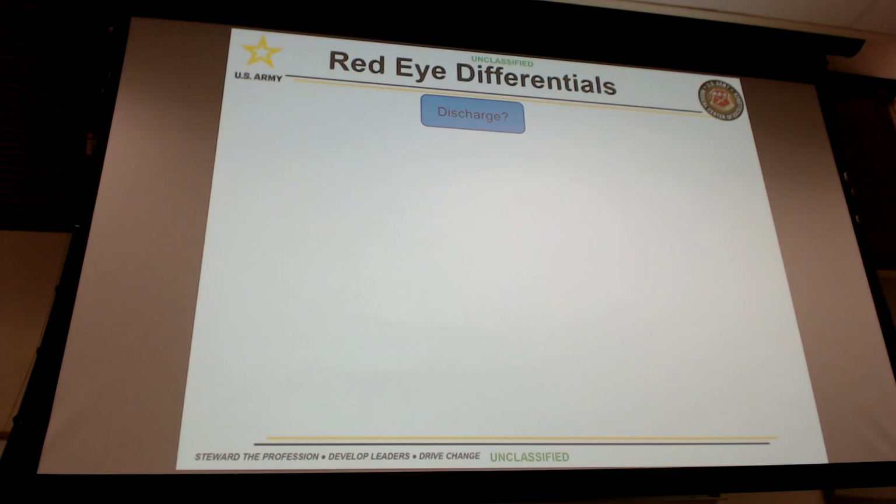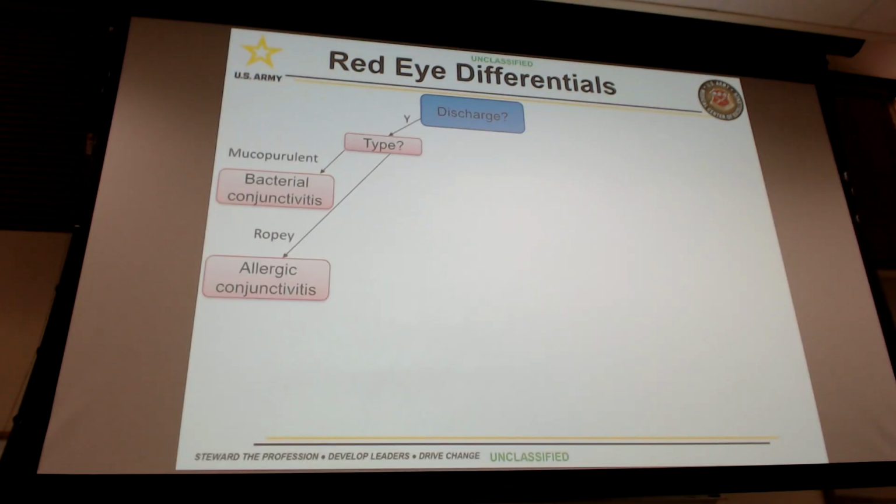Is there any discharge? Yes, there is. What type is it? Mucopurulent. You've got bacterial conjunctivitis. It's like a ropey discharge. My eyes itch. You've got allergic conjunctivitis. Is it watery? You've got viral conjunctivitis. Oh wait, if you have a history of trauma, you have a corneal abrasion.